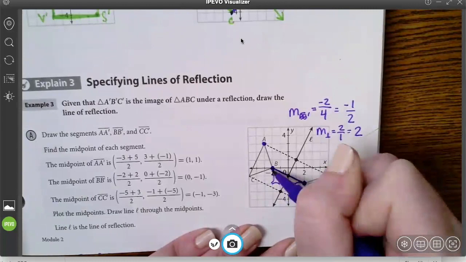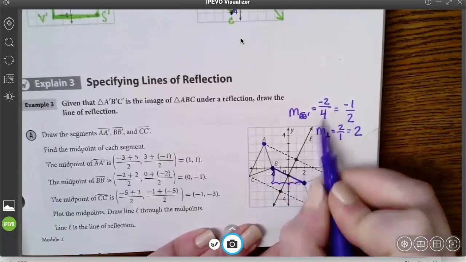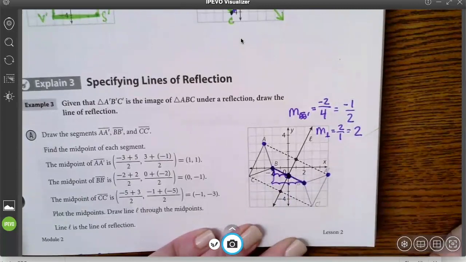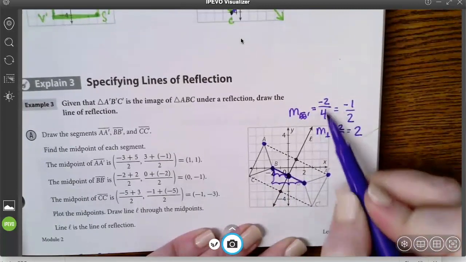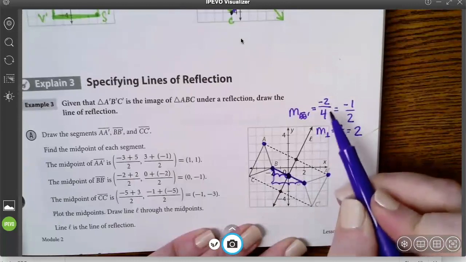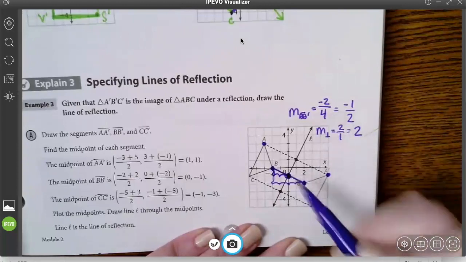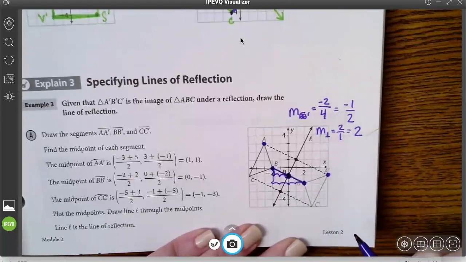I can go down 1 and over 2, and that would be my midpoint of the whole line. Particularly if the halves of these two slope numbers are whole numbers themselves, like half of 2 was 1, half of 4 was 2, that might be a quick and easy way to do this if you have a graph handy.